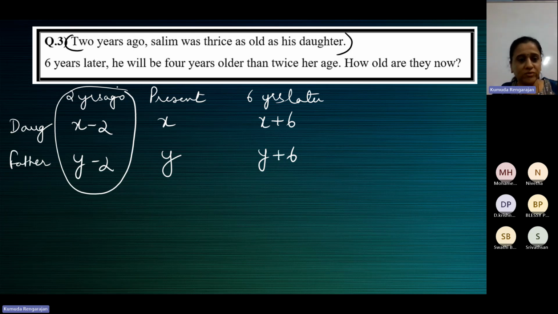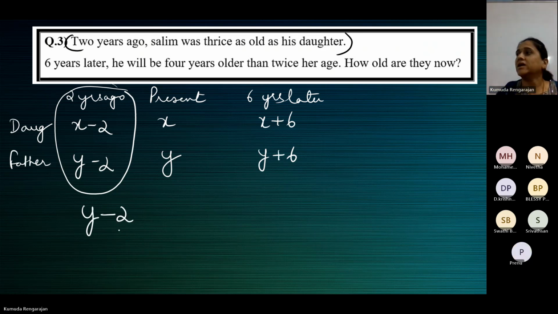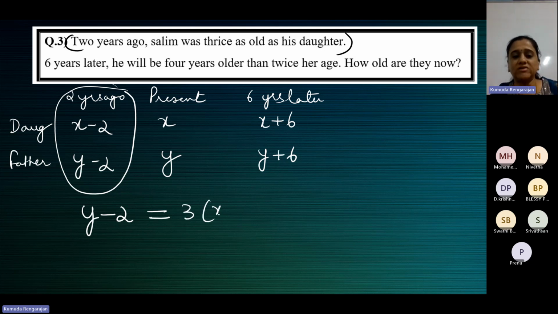Salim's age is Y minus 2. Instead of Salim, you're going to write Y minus 2. And I've told you, is, was, will be, all that converts to equal to in mathematics. So Salim, Y minus 2, was means equal to. Thrice means 3 into. As old as his daughter, X minus 2.